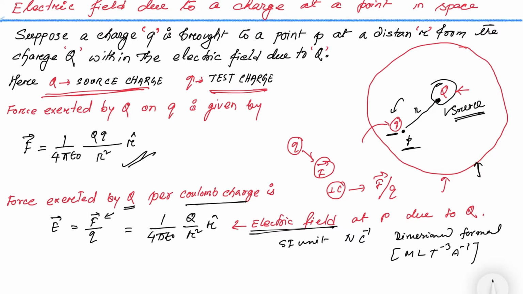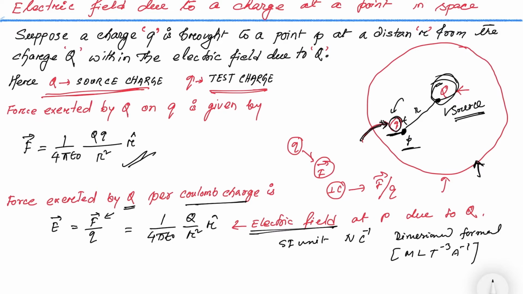Now you see, the existence of this electric field is due to this capital Q. As we have brought this small q here at this point, there must also be an electric field due to this small q, right?